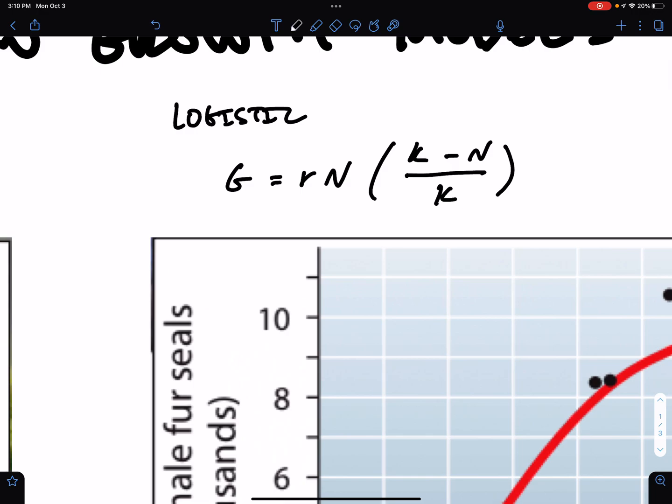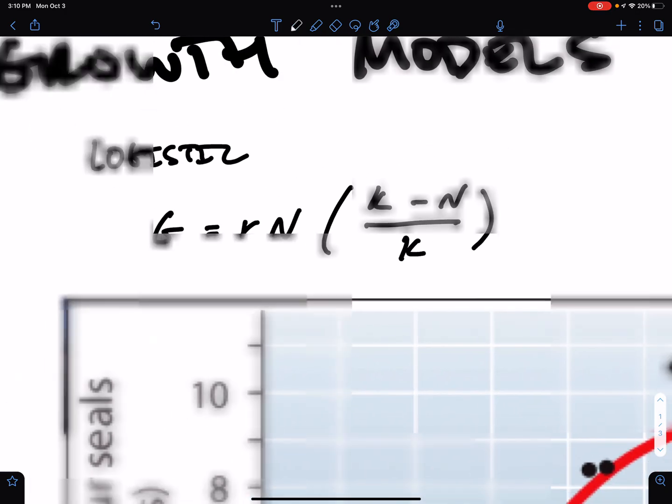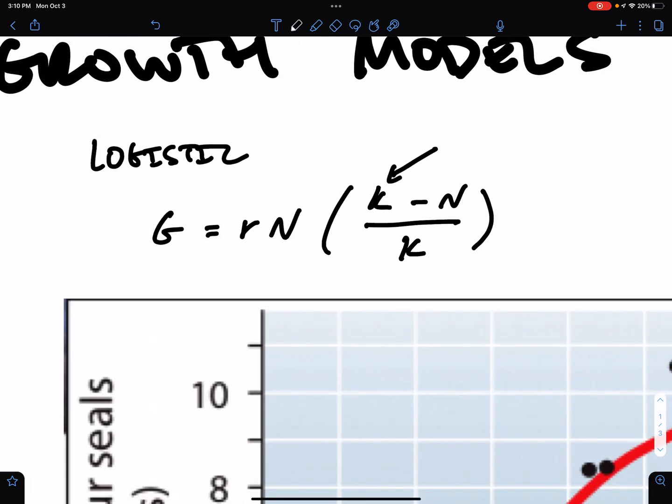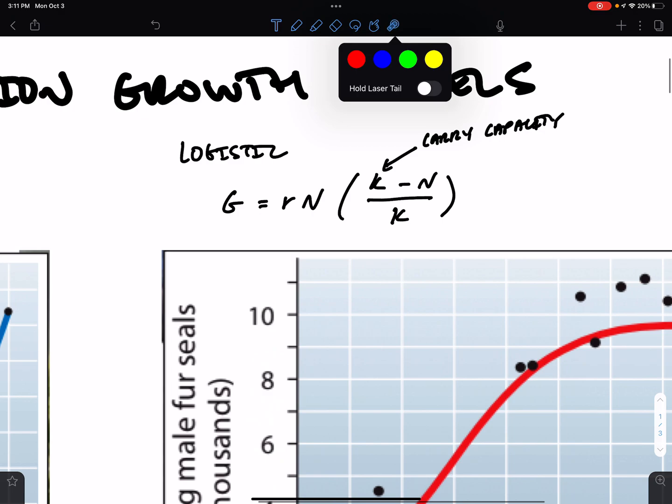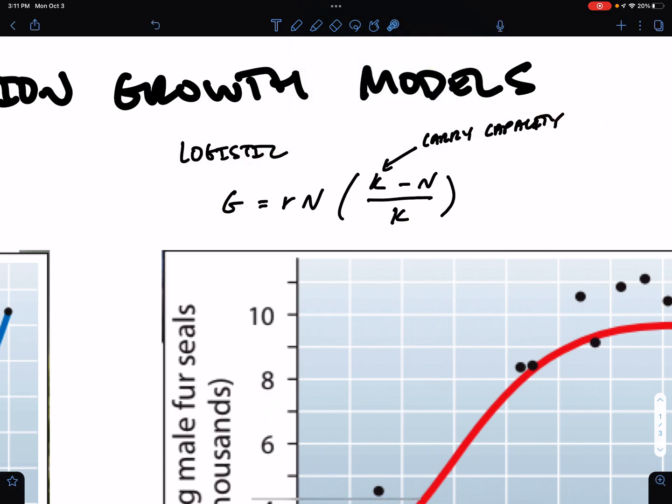The only new piece in this equation is this K value, which is our carrying capacity. Otherwise, there are no new terms. G is still our growth rate, R is still our per capita rate of increase, and N is our total population size.